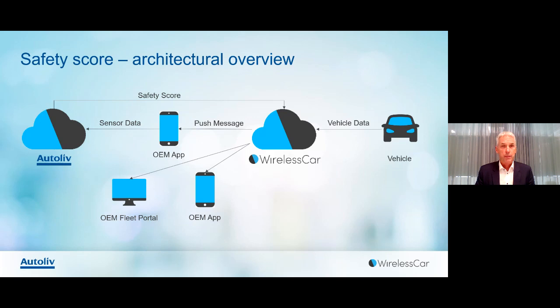And together with that data, or together with the smartphone data, we deliver that to the Autoliv cloud, and Autoliv will do their magic and bring back the safety score to WirelessCar. And then we will visualize data in the fleet portal if it's in a B2B concept, and or in a driver app. So that's the high-level architectural overview.